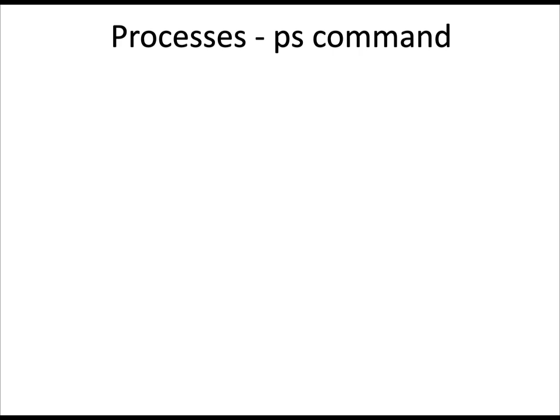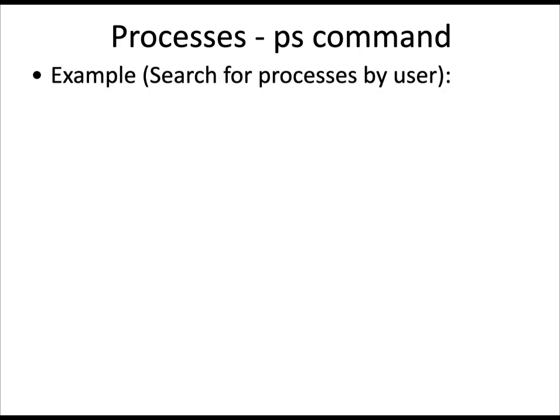The next example is, what if I want to search for processes by the user that the process is running as? The way we do that is by using the -u for user option on the ps command. So this command would say, show me all the processes that are owned by the user www.